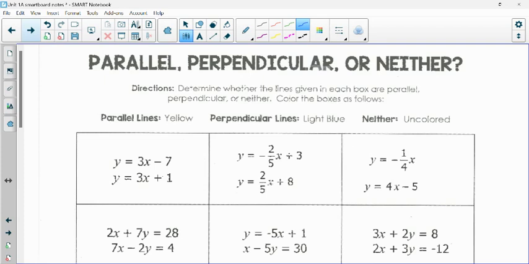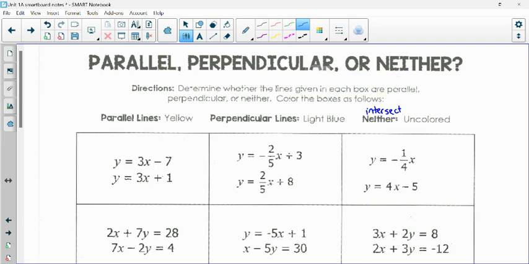It says determine whether the given lines are parallel, perpendicular, or neither. Neither just means they're going to be intersecting. But remember, perpendicular means they intersect but at a right angle. If they're not opposite reciprocals, they're not the same. They do intersect, just not at a right angle.